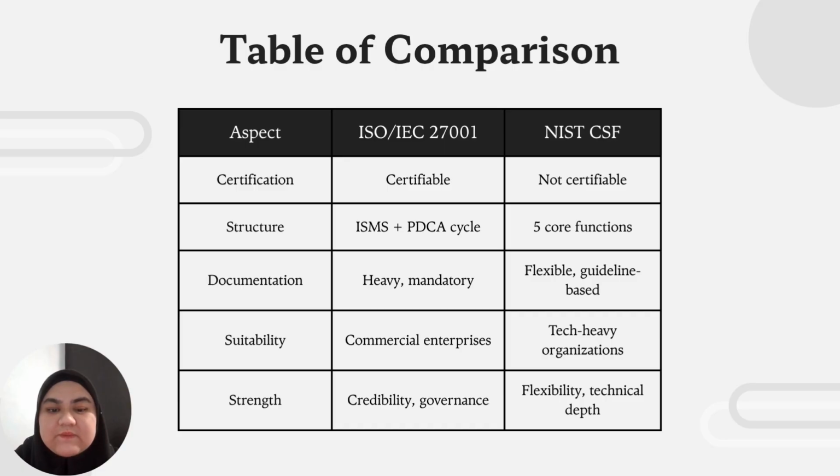NIST tends to fit better with tech-heavy organizations that value flexibility and technical depth. Finally, the strength: ISO offers credibility and strong governance, while NIST provides adaptability and practical resilience. Together, they complement each other. ISO gives structure and trust, while NIST adds flexibility and technical focus.